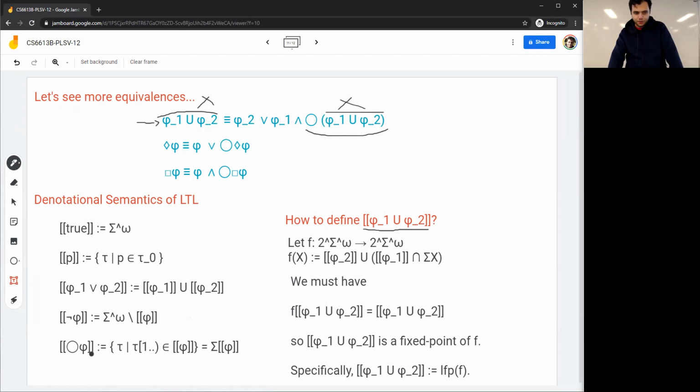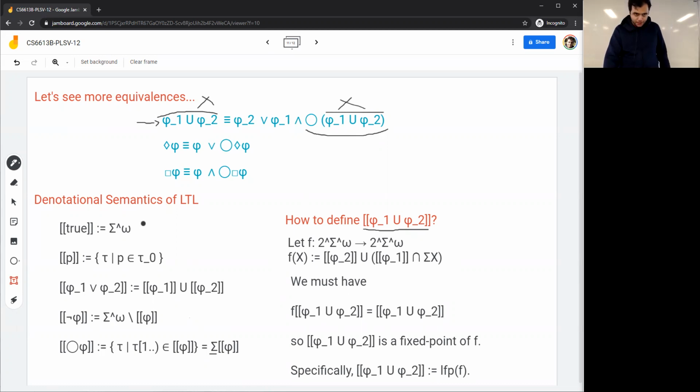And the semantics of next was just concatenating with sigma. So this is my function F. My function F takes a set X of infinite words, and it computes another set of infinite words, and the set is this: the semantics of phi2 union with the semantics of phi1 intersection with sigma concatenated with this X.